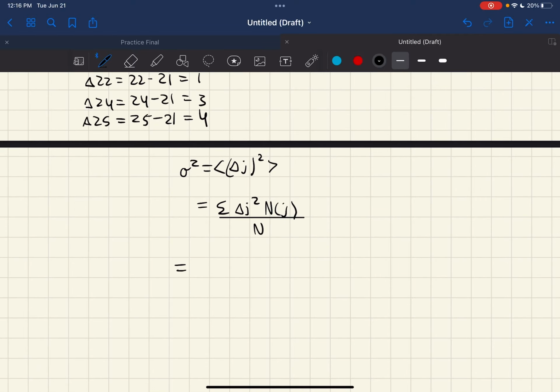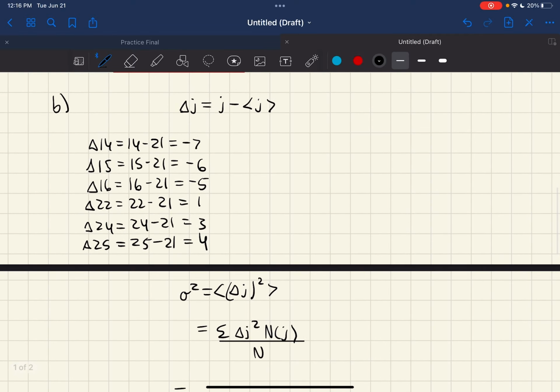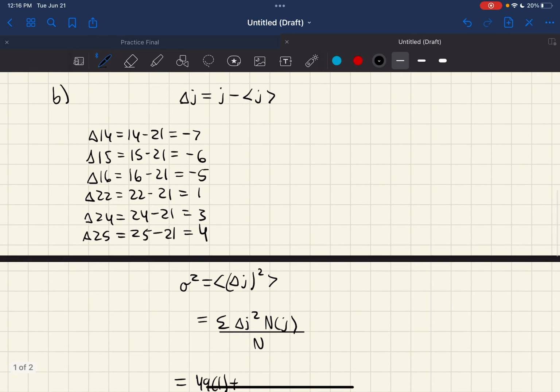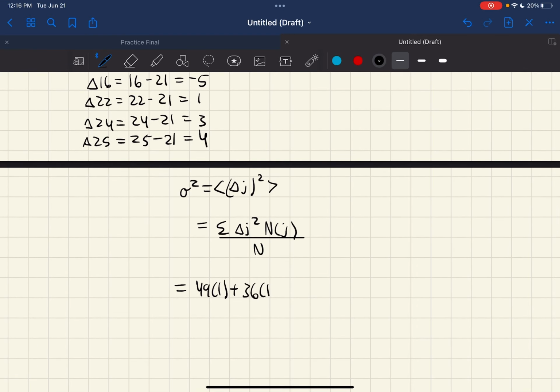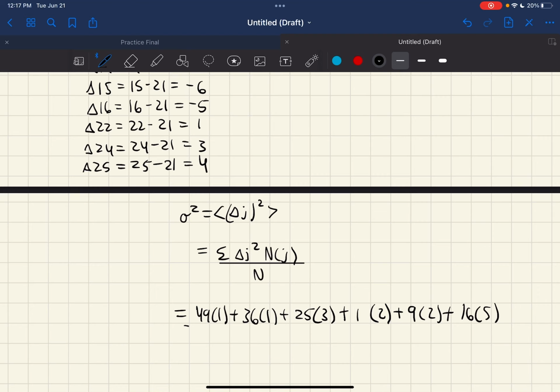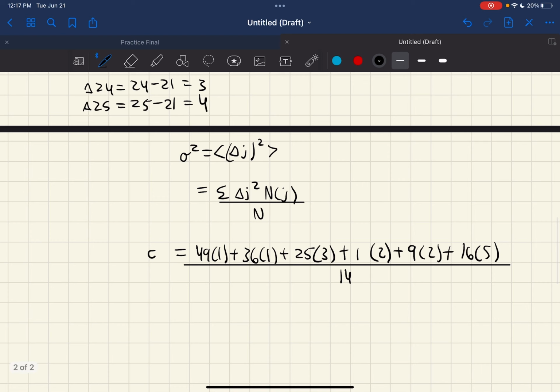So this is going to be equal to the first delta j squared, which is 49, 7 squared, times 1, there's one person, plus 6 squared, which is 36, times 1, plus 5 squared, which is 25, times 3 people for that, plus 1 squared times 2 people, that's just 1, plus 9 times 2 people, plus 16 times 5 people, all divided by the total number of people, which is 14.